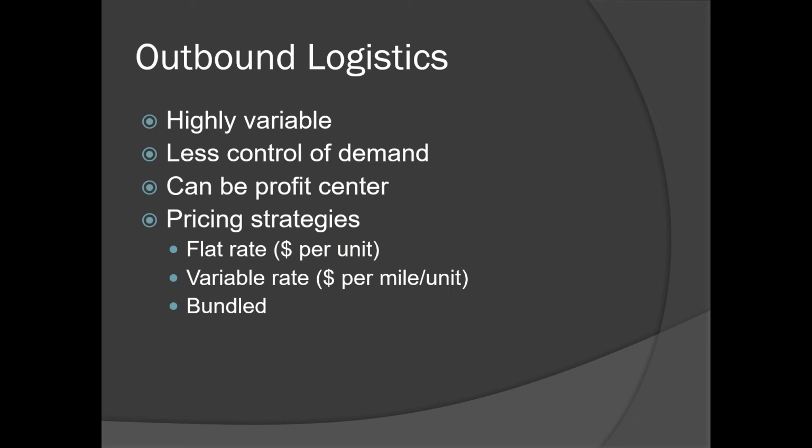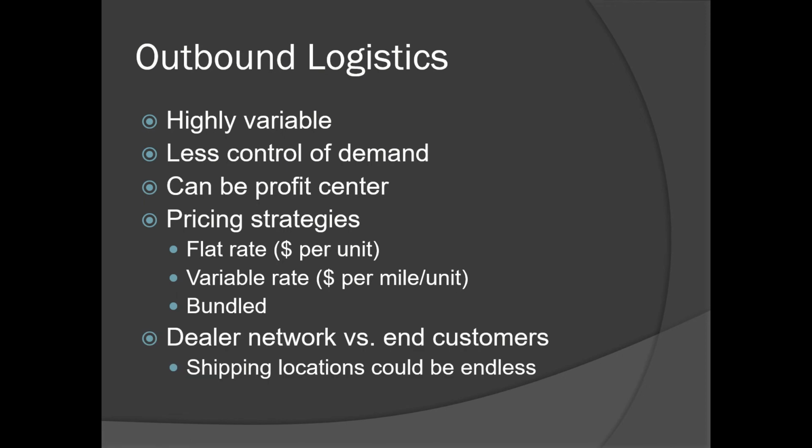Another option is a variable rate, where you're charging some kind of factor that includes the distance traveled or the work it took to get it there. And then finally, you can bundle the price, so basically you just quote them a delivered price on your goods. All three of these are incredibly common, and your decision of which one to use is based more on what fits into your schedule than anything else, or your strategy.